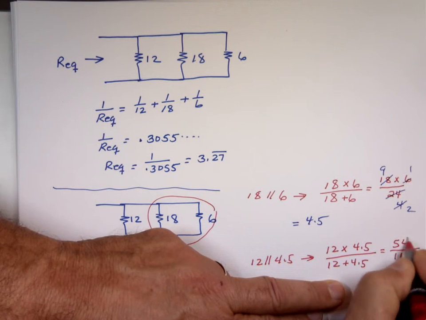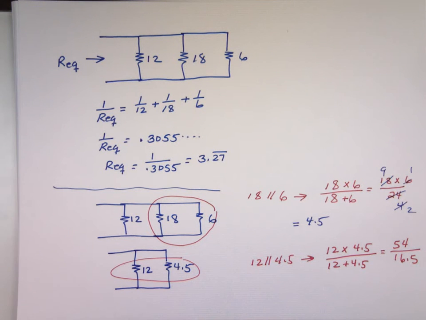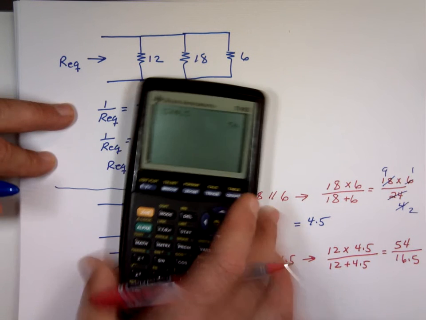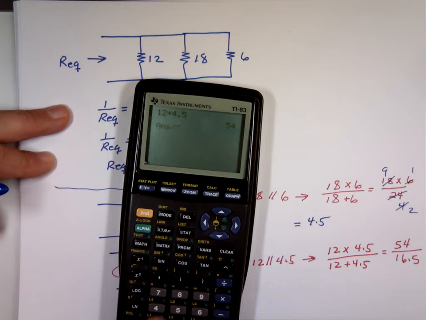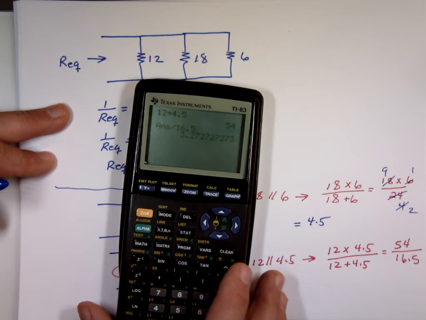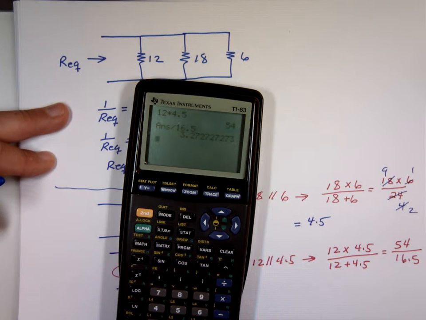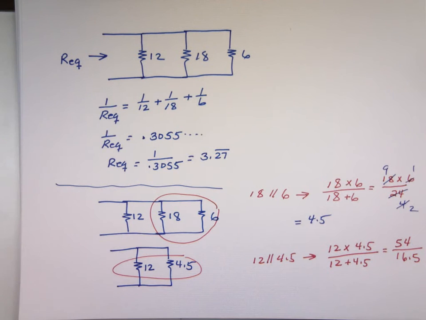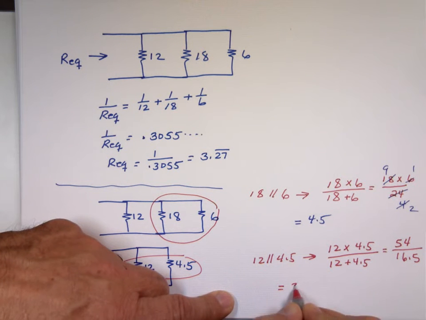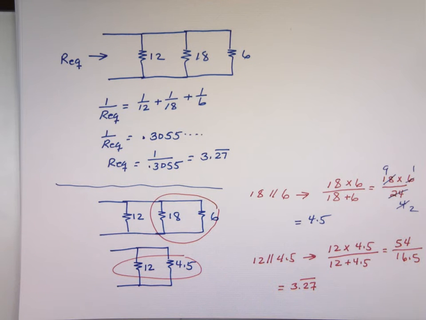Now let's divide 54 by 16.5, and look at the answer, 3.27272727. Same answer.